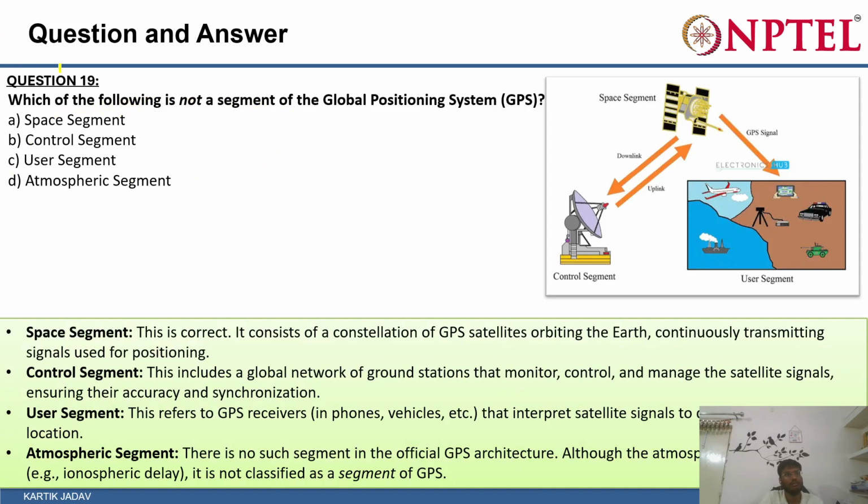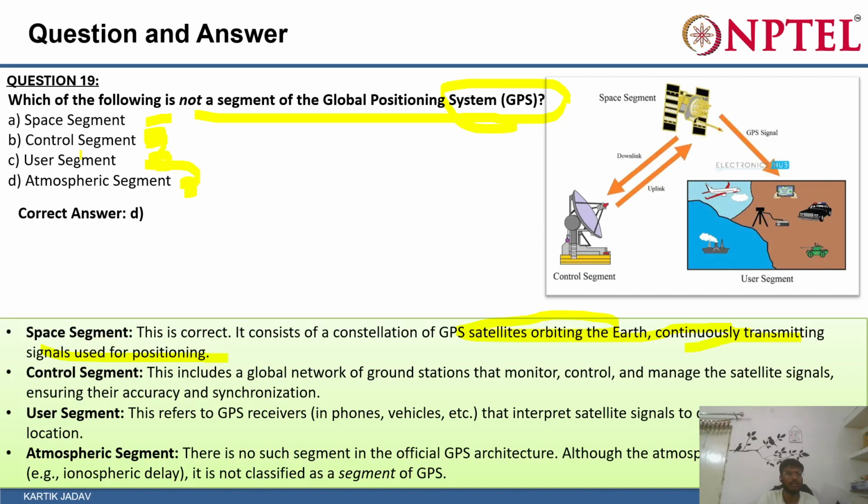Question number 19. Which of the following is not a segment of the Global Positioning System? GPS: space segment, control segment, user segment, or atmospheric segment. In all of this, we know that GPS has a control segment and user segment, and the space segment consists of a constellation of GPS satellites orbiting the Earth, continuously transmitting signals used for positioning.